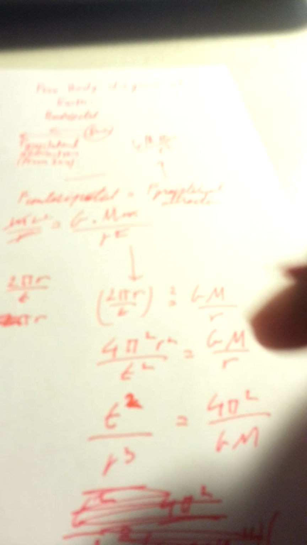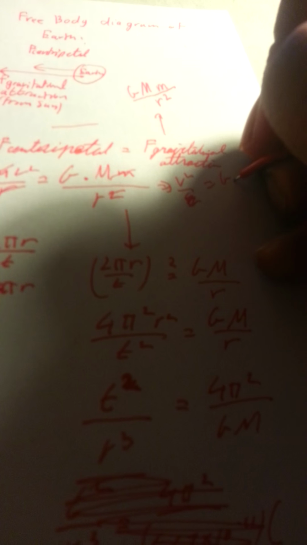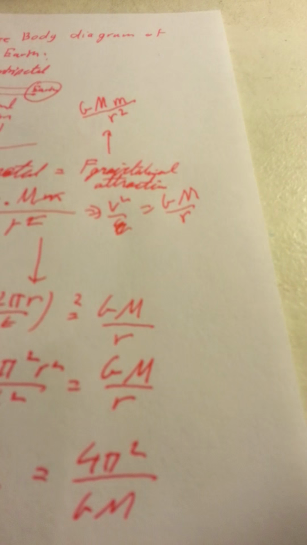So if you were to do this, you would have velocity squared is equal to big G, the gravitational constant, times the mass of the sun over r, the distance from the center of mass of the sun to the center of mass of the Earth, or center of gravity, whatever you like to call it.